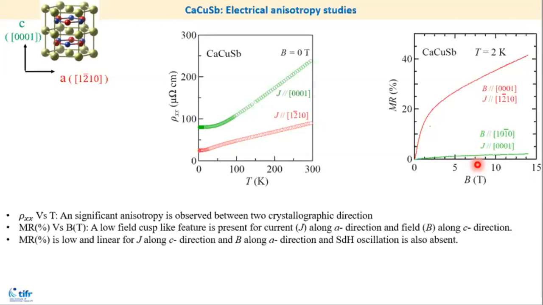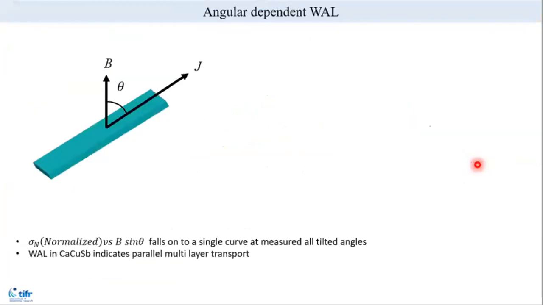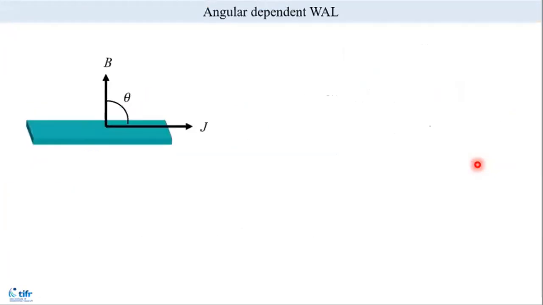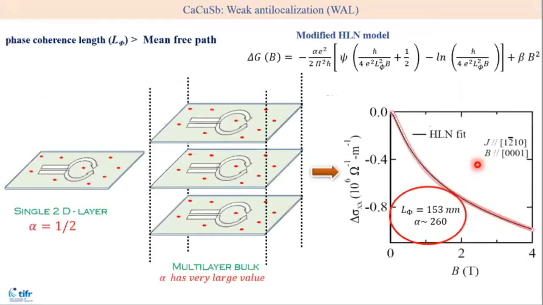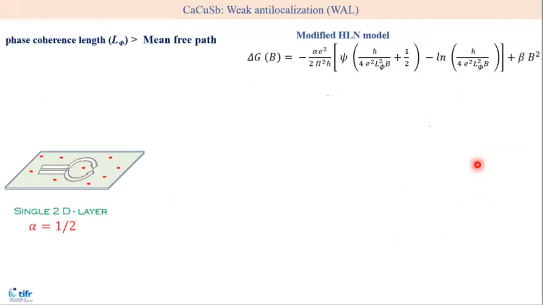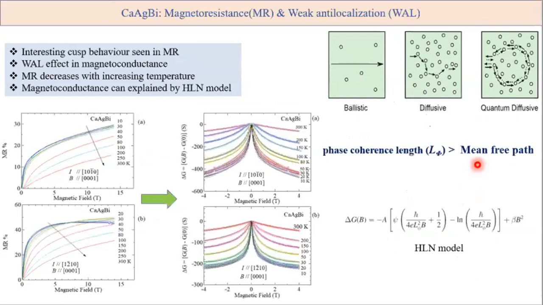My second question is that since you are studying as a function of temperature, if you go back to that two-curve plot, where are the two samples you are showing? Next. Yeah. You see, this cusp-like feature is not vanishing.